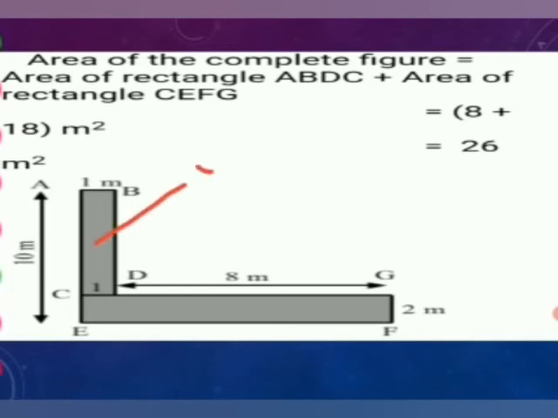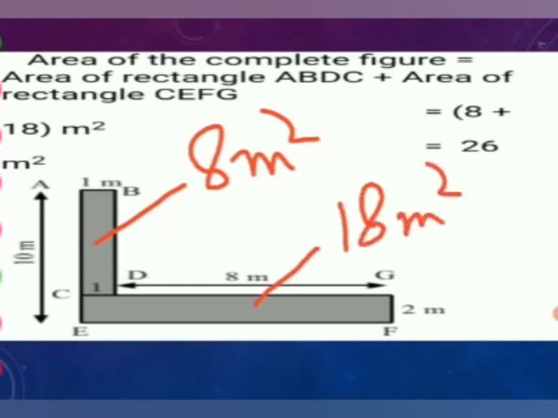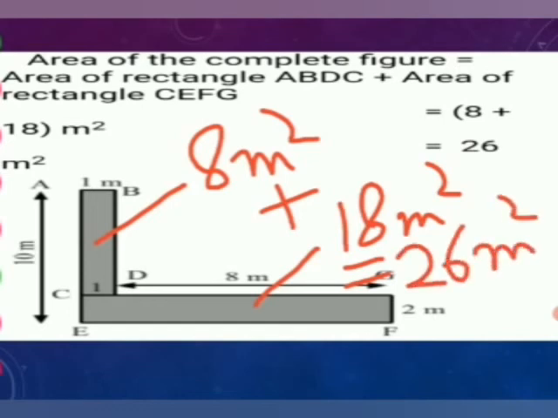ABCD we have calculated as 8 meters square and the area of CEFG is equal to 18 meters square. Let's add it. So the area of the shaded region will be how much? 26 meters square. So this will be the area of the given shaded region. So this way we will calculate the question.